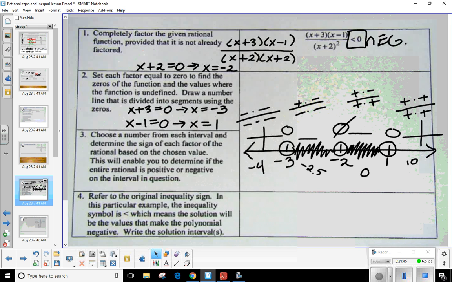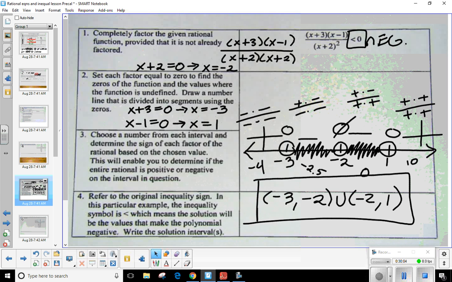So here's my question. Can I just go ahead and say it's everything from -3 to 1? What's the problem? Okay, that -2. So for this one, I'm going to take the union. I'm going to say -3 to -2, union, -2 to 1. This is my answer.